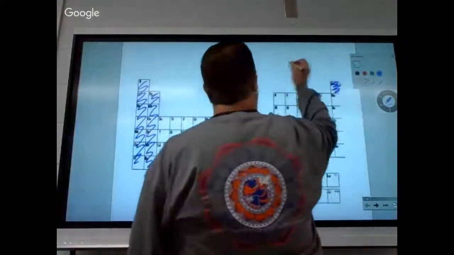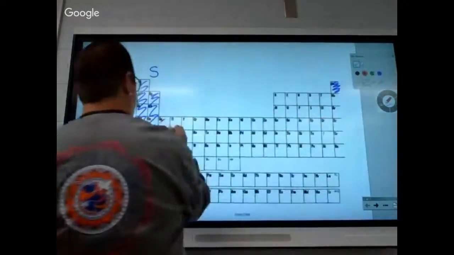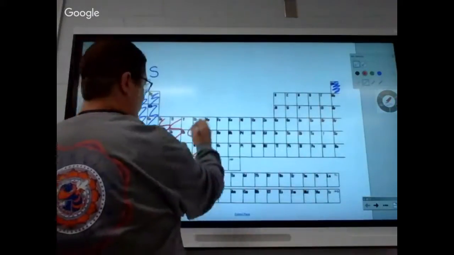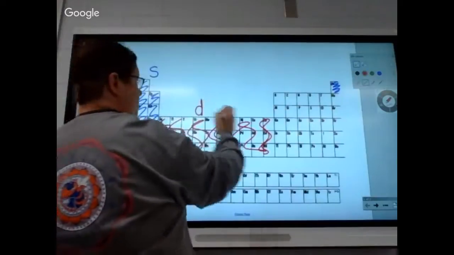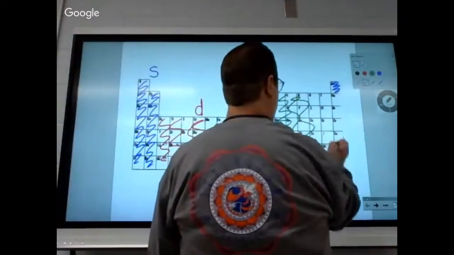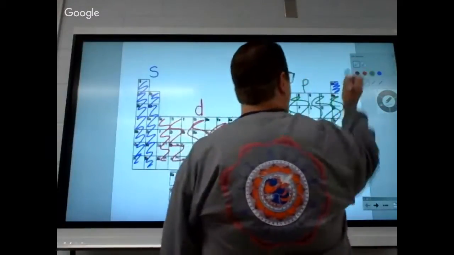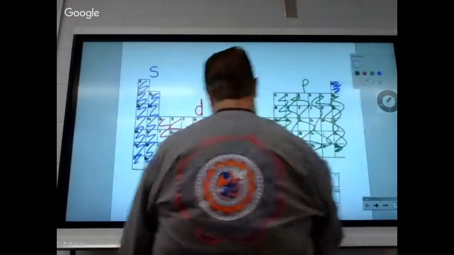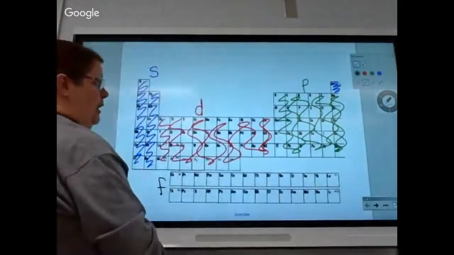That's going to be labeled the S block. This middle section from here all the way over to zinc is going to be labeled the D block. This down here is the P block, and the one I'm going to leave white at the bottom, these 2 rows will be the F block.